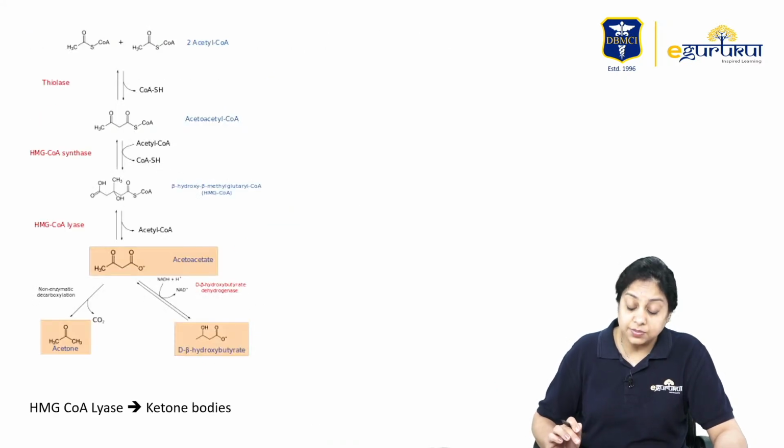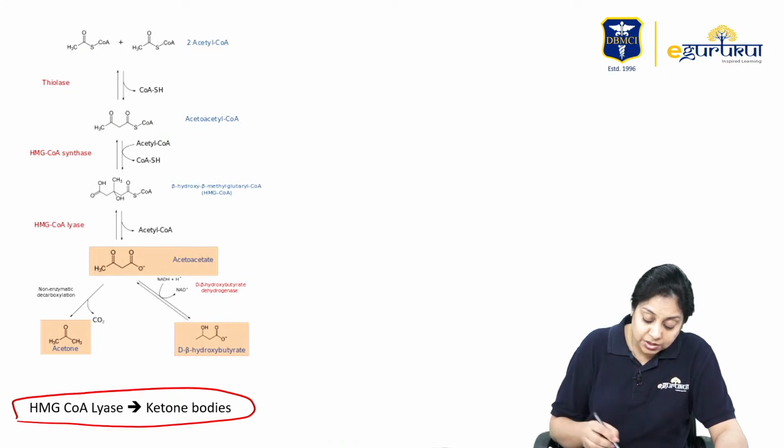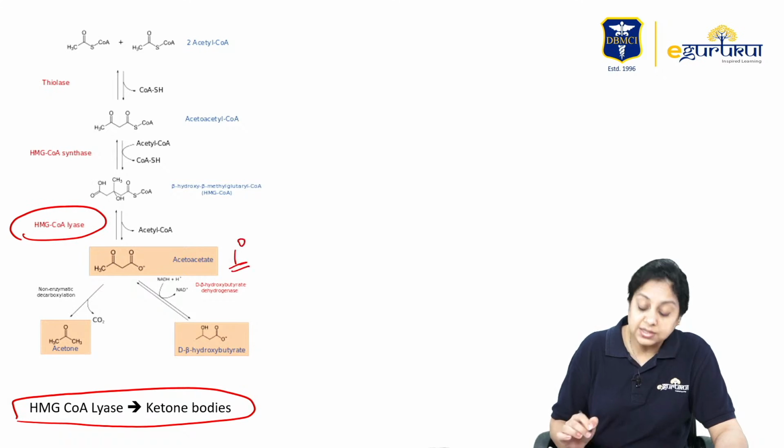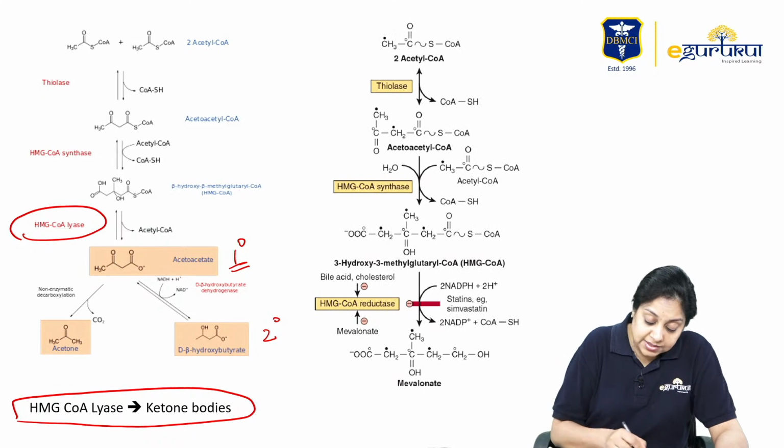Where do we see HMG-CoA lyase enzyme? HMG-CoA lyase enzyme is seen with the formation of the ketone bodies. Acetoacetate is a primary ketone body. Acetone and beta hydroxybutyrate are secondary ketone bodies, right? Enzymes are the same.